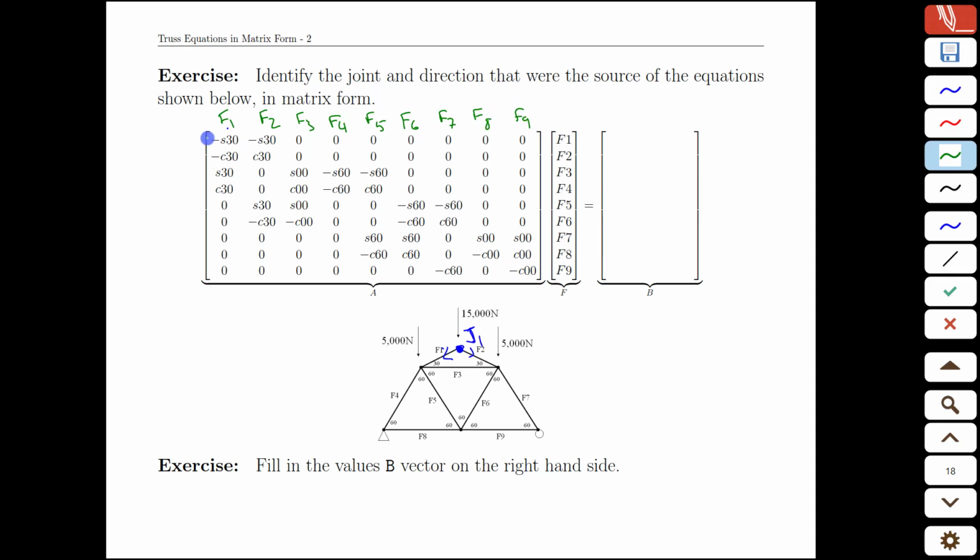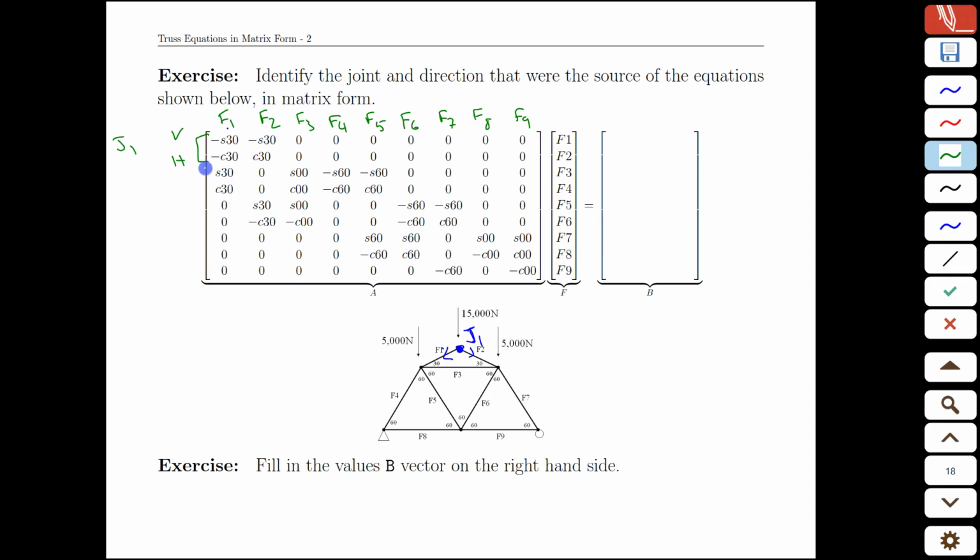And if we take a look at these first two rows, those correspond to joint 1's force balance equations. We have sine 30 and sine 30. Those are just short forms rather than writing it out longhand. If we have negative sine 30 times F1 minus sine 30 times F2, well, that's exactly the downward forces acting on joint 1. So in fact, we have the vertical forces in this row, and we have a matching set of horizontal forces in the next row.